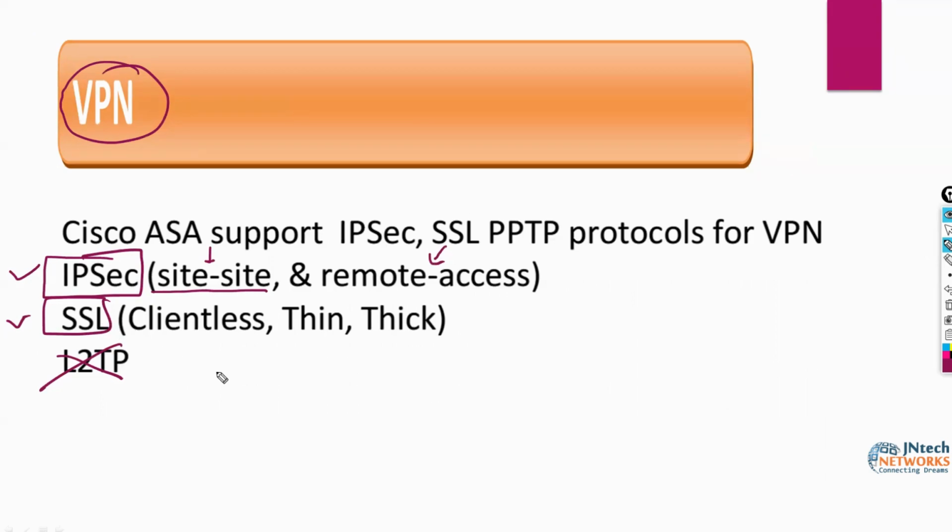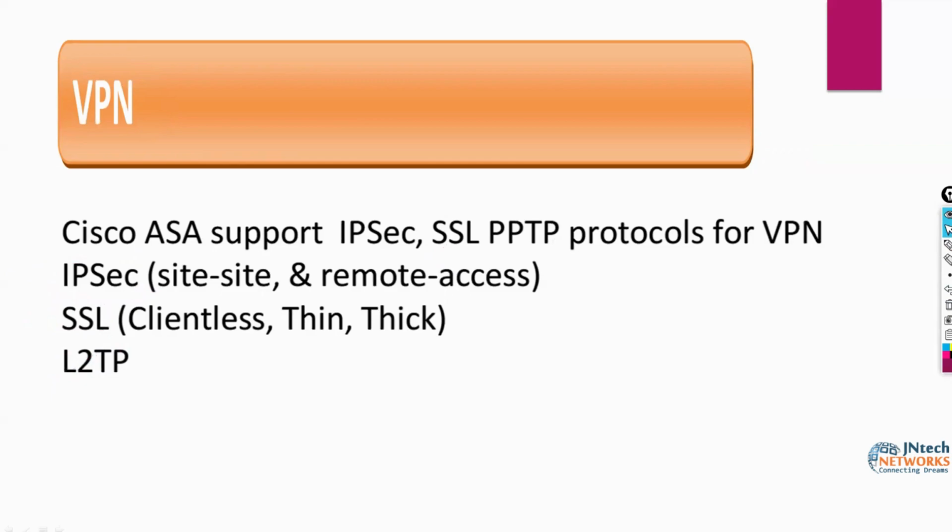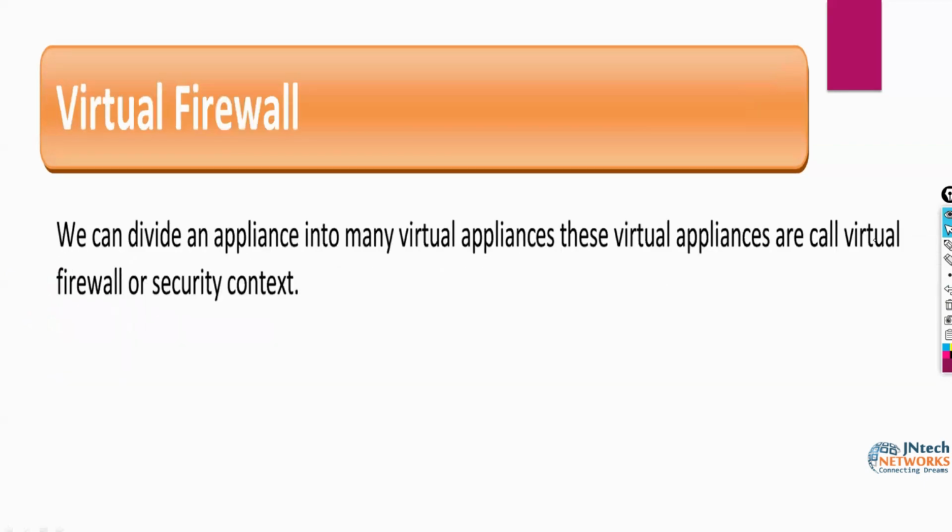In SSL, we have two practical options: clientless SSL VPN and full client. So like other vendors, Cisco ASA Firewall gives you the option to implement VPN, IPsec, and SSL.